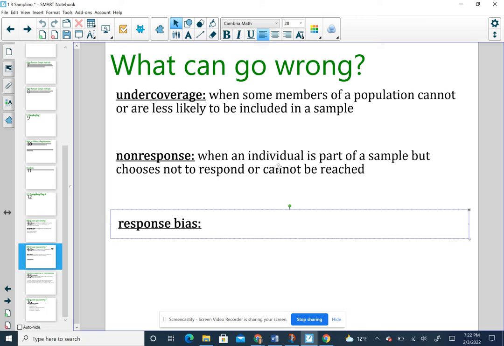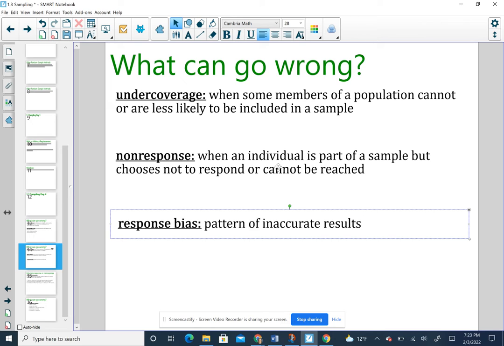Okay, and then response bias is a pattern of inaccurate results. Some examples of this would be maybe the person filling out the survey is lying about the results, or maybe they're being surveyed in person and the person surveying them is intimidating and they're afraid to truly admit what they think or feel about a situation.